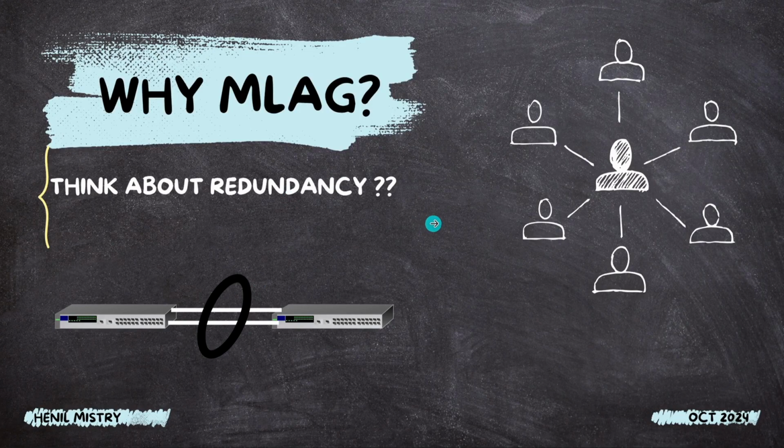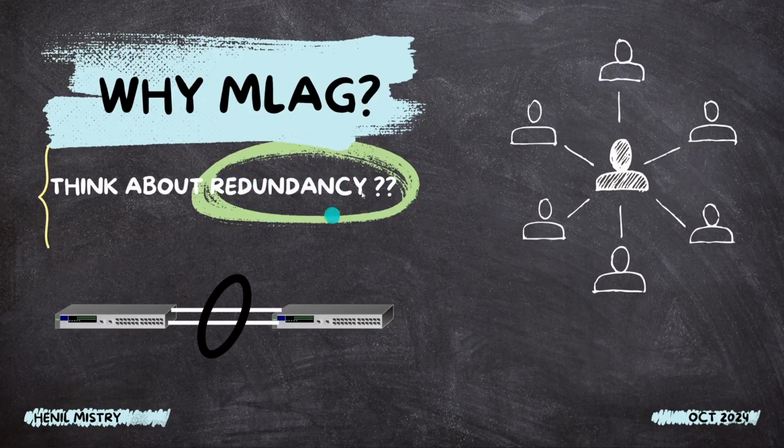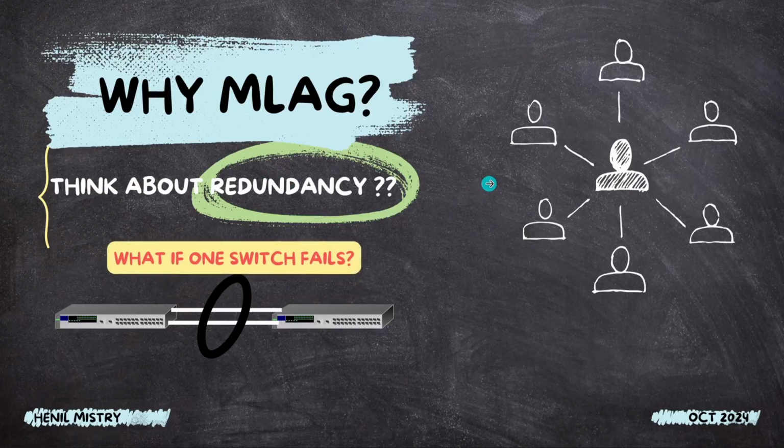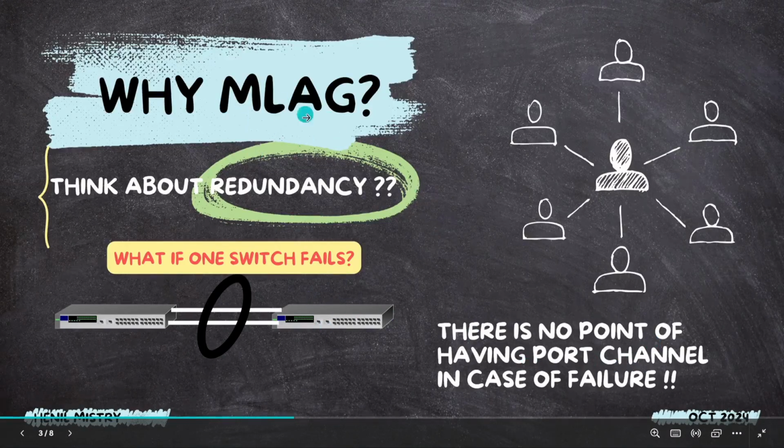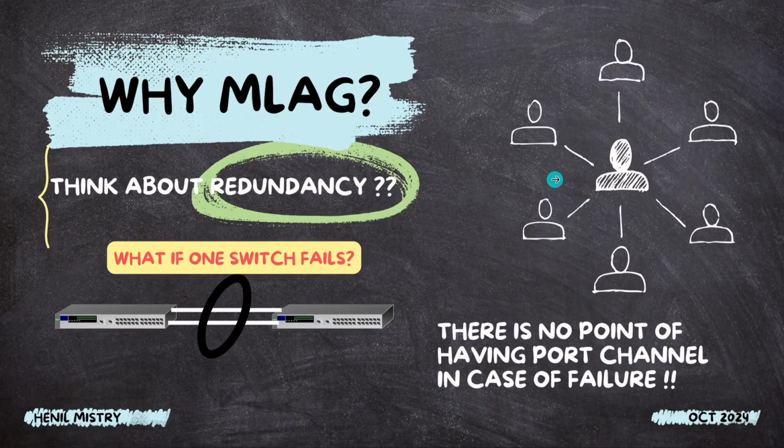So what can we do here? Redundancy is really compromised. What if one switch fails? There is no point in having a port channel in case of device failure. That's why we have MLAG.